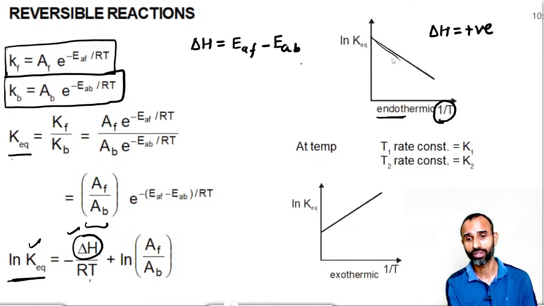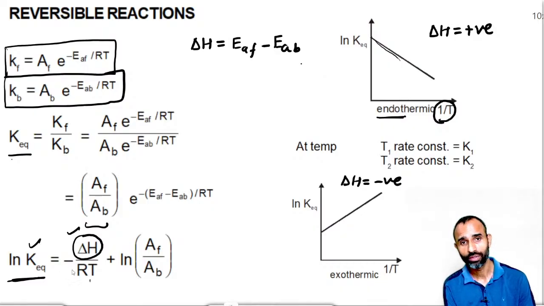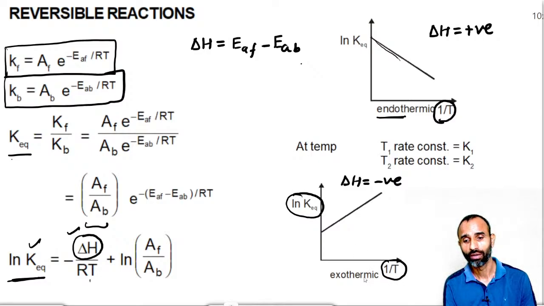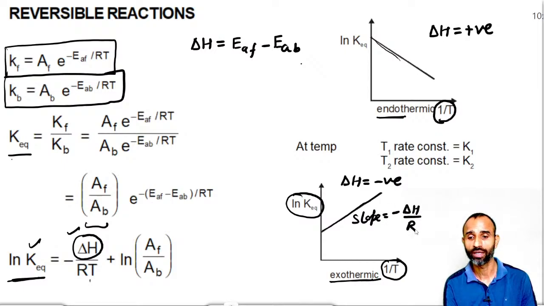It is like this. But if delta H is negative, so negative becomes positive. See the graph: natural log of K equilibrium versus 1 upon T for an exothermic reaction goes upward. Slope is positive because this slope is minus delta H by R, and delta H is negative, so slope becomes positive. This is important.